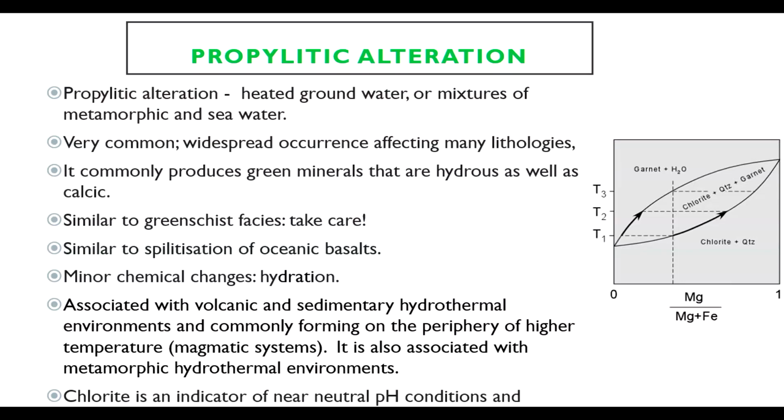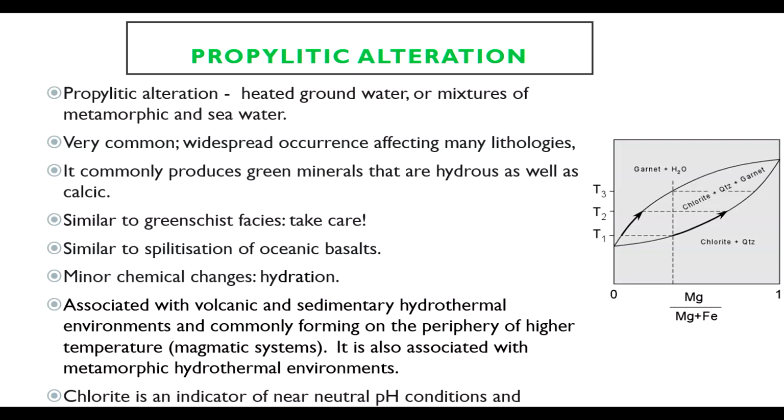Okay, so propylitic, we discussed this last time. This is when they usually go green. So green minerals are forming, so things like chlorite, epidote, maybe some amphiboles. Usually heated groundwater or mixtures of metamorphic and seawater. So they're fairly low in salinity and neutral pHs.